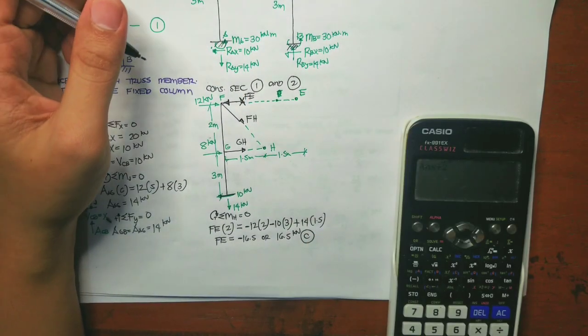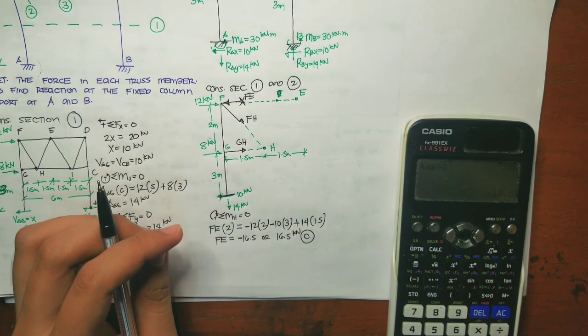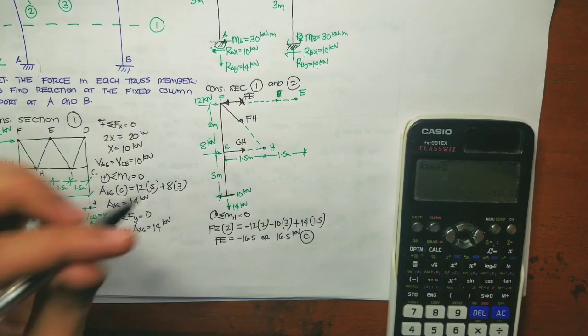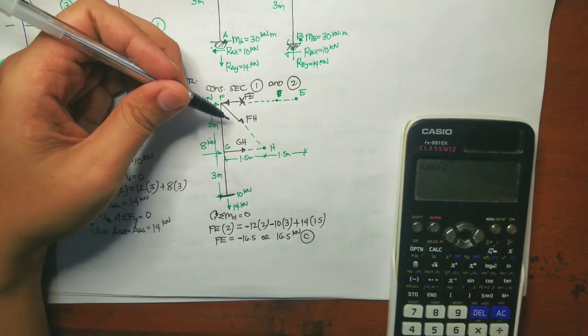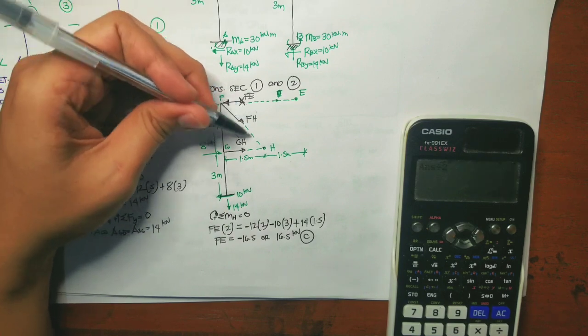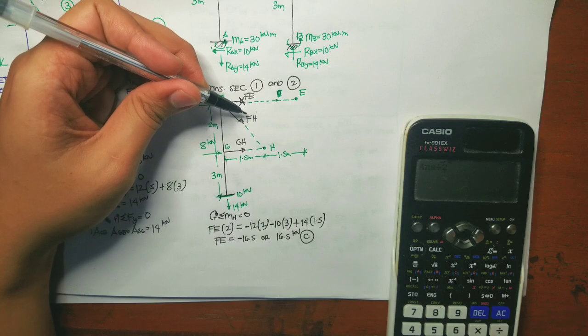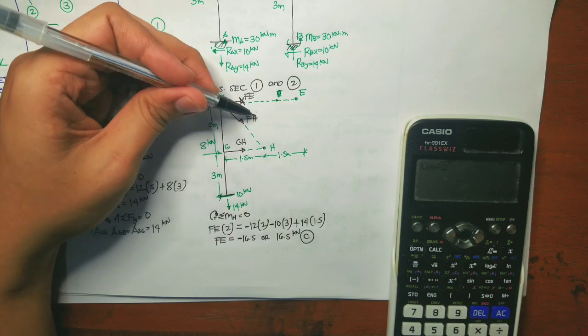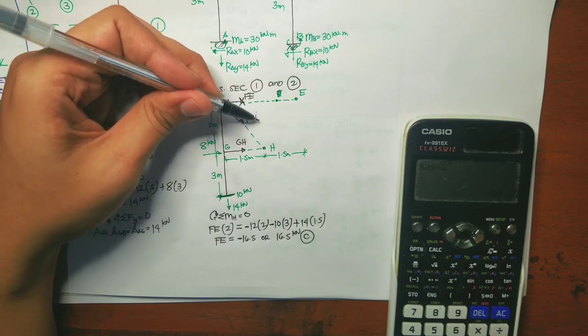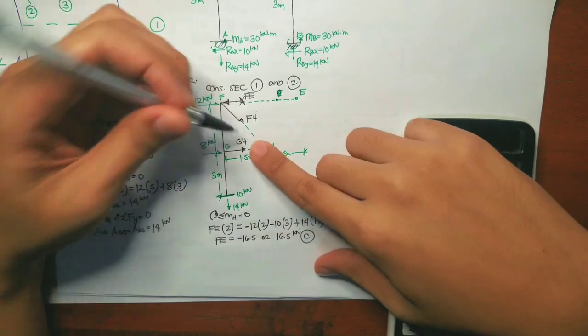Okay lang ba? Okay, so next, ano ba magandang gawin dito? Maganda na lang tayo, summation ng forces X and forces Y, okay? So, unahin natin yung summation ng forces Y. So, since between these two members, ang meron lang Y component is si FH. Tama? So, kapag nag-summation ng forces Y, mahanap mo yung value ng FH, and then, once we get the value of FH, we can now solve summation of forces X to get the value of GH.